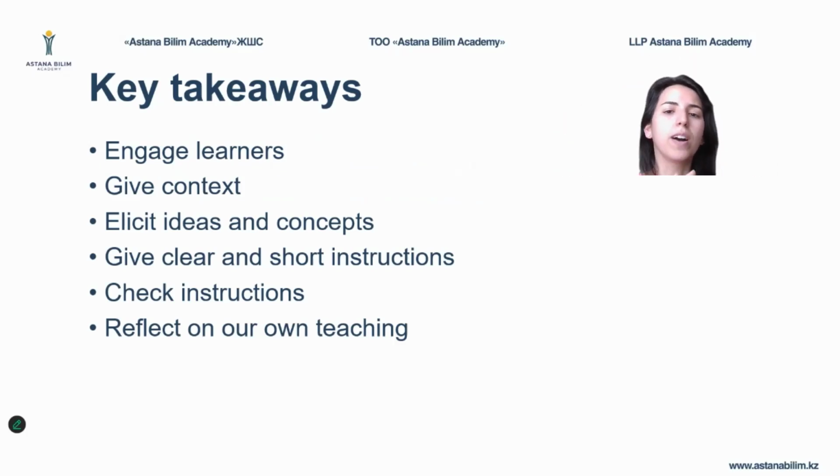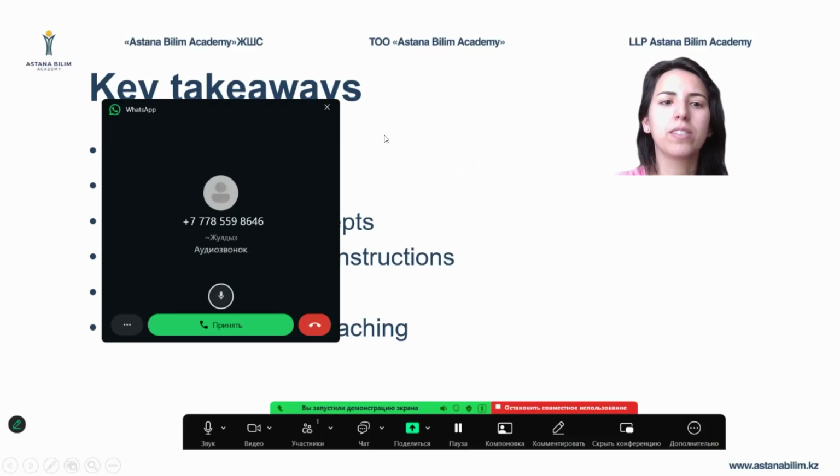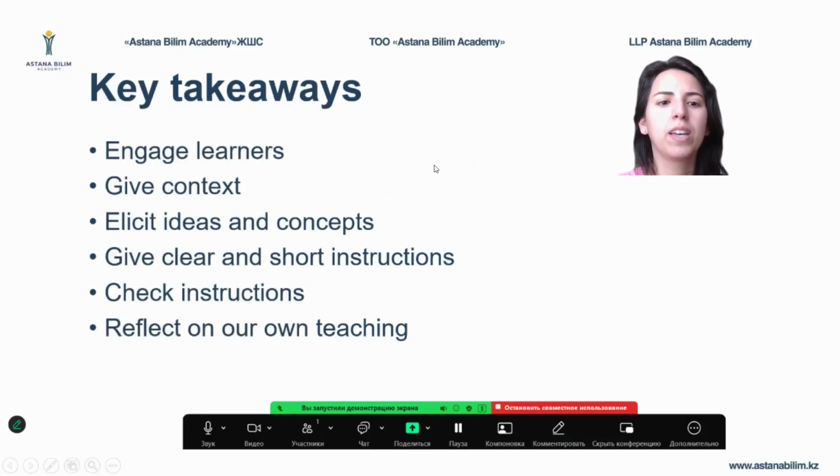So let's revise what we have observed during this lesson, during this video, and also what I expect as a trainer from you during your lessons. So you must engage your learners first.